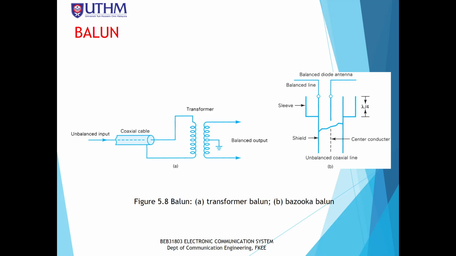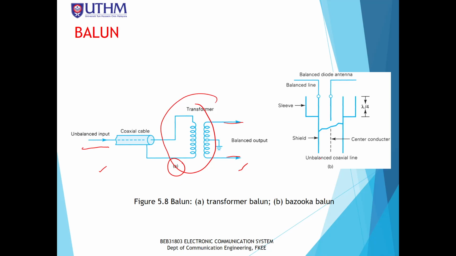Among the examples here is the transformer balun, which is picture A. Here we have an unbalanced input from the coaxial cable, and we want to transfer it into a two-wire output, which is a balanced output. So we need the transformer balun to connect the unbalanced to the balanced output, from one wire to two wire.